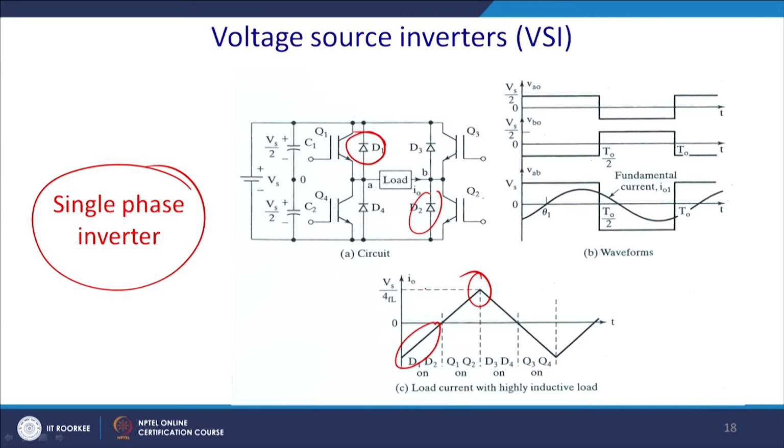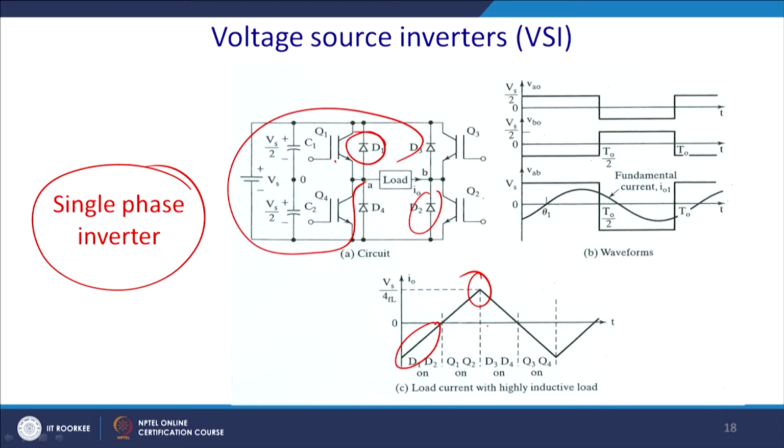And at this moment you withdraw pulses of Q1 and Q2. But since the current cannot change its direction instantaneously, the current will continue to flow, and instead of Q1 and Q2, the current will flow through the load through D3 and D4. This will be the path for the current.